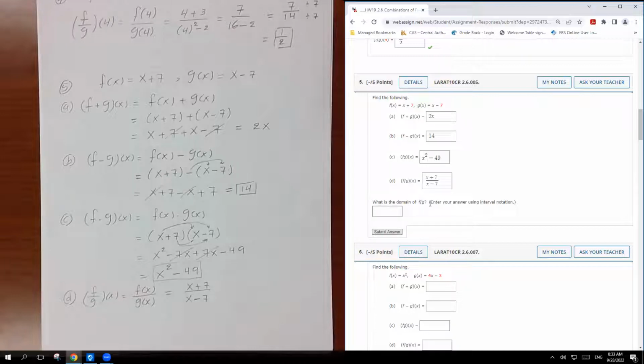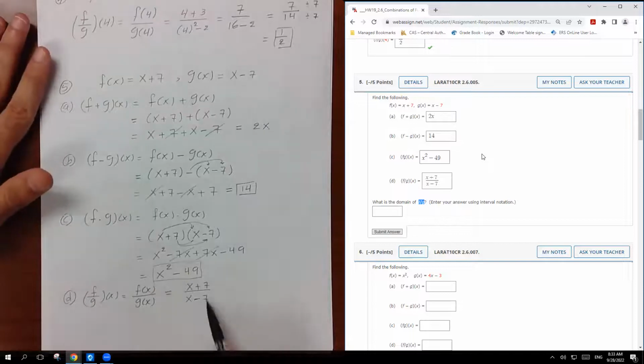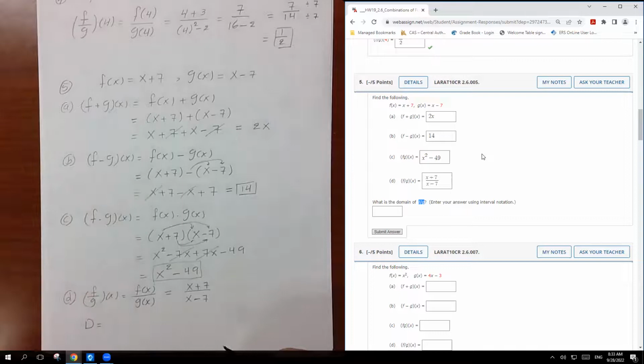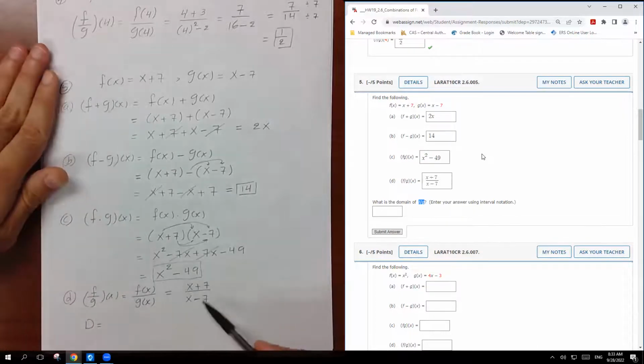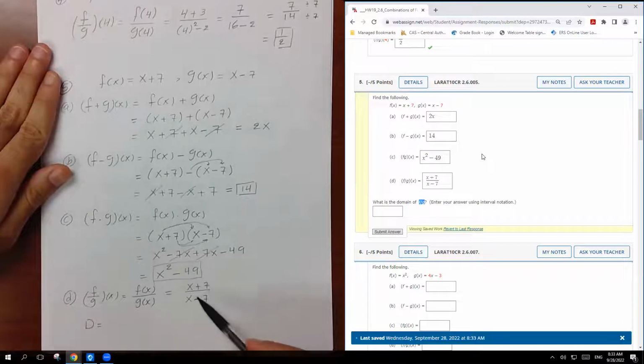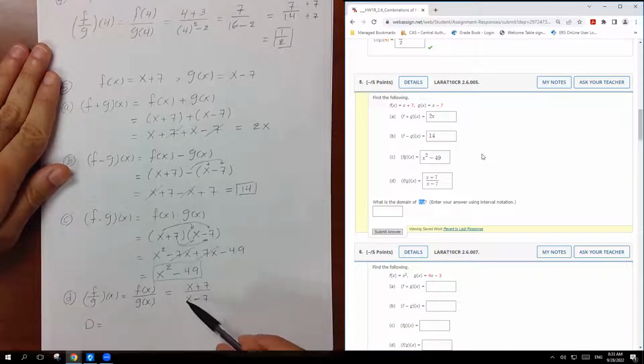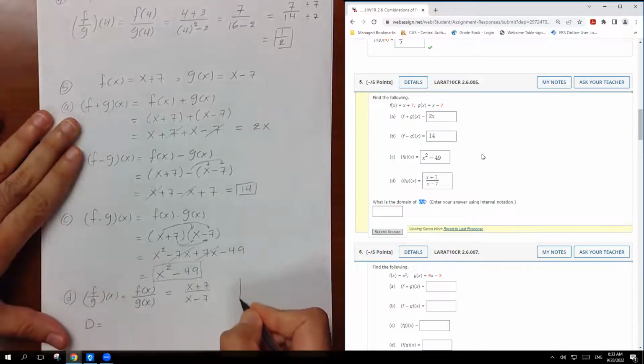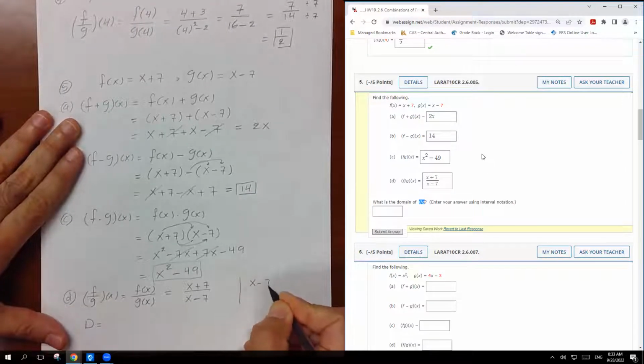What is the domain of this function? We need to find the domain for D. So this is a rational function. The domain means which numbers I can plug in here without making the denominator zero. So to find the domain, remember we set the bottom part equal to 0.